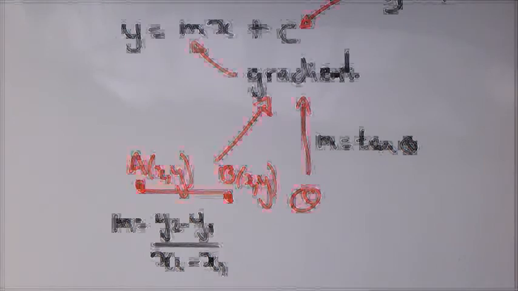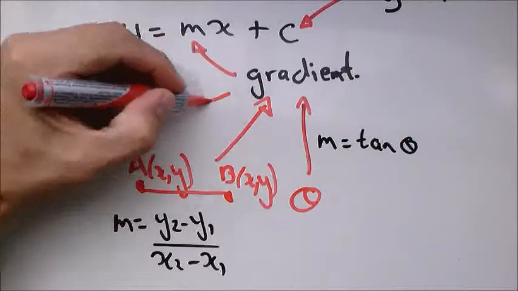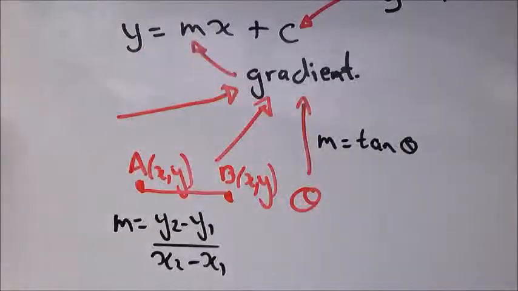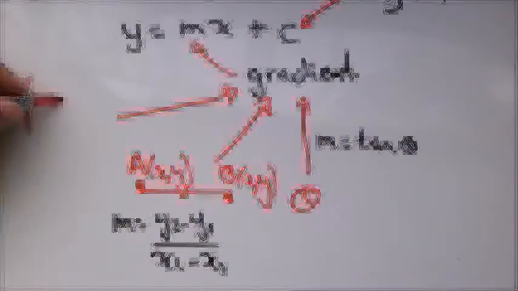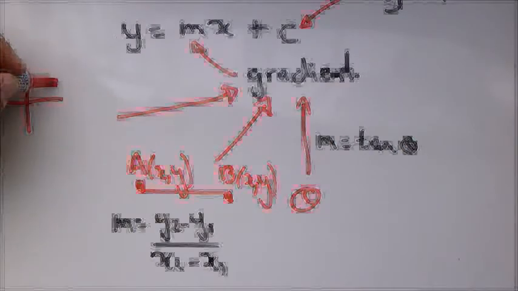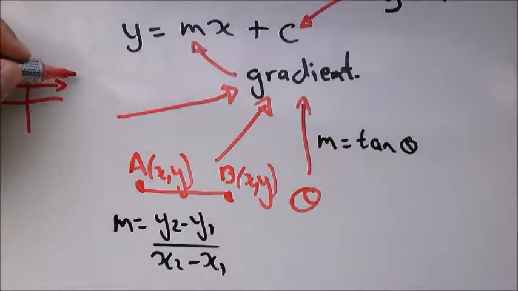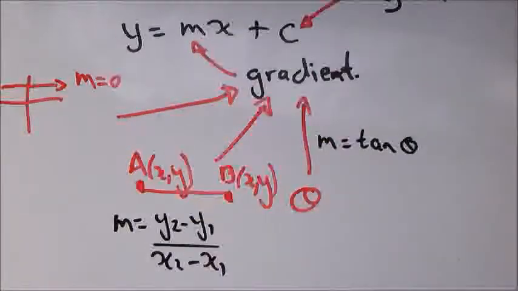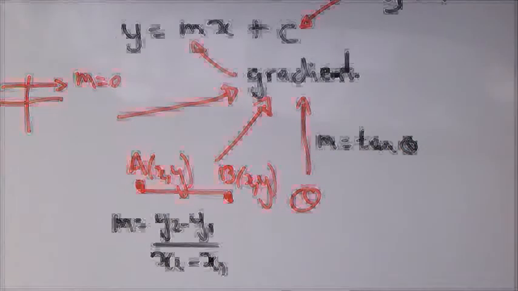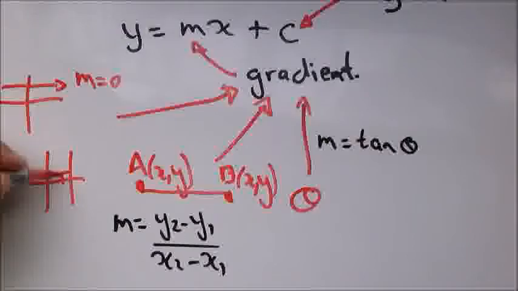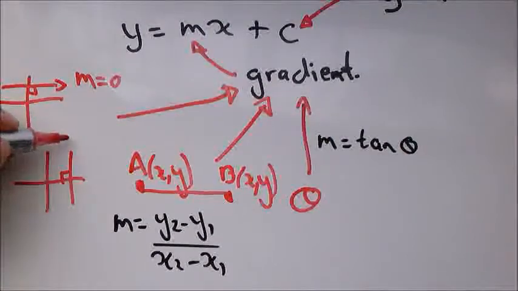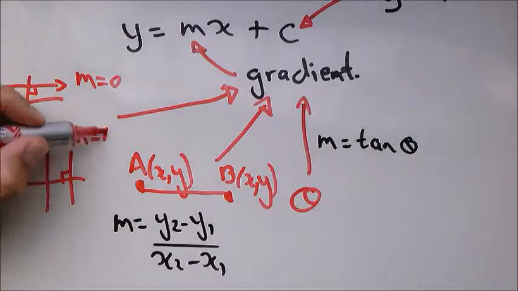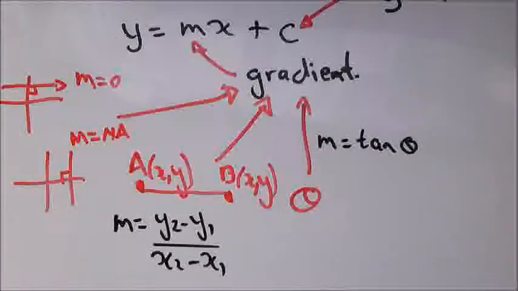Another two things I just need to mention is, if we have a horizontal line, the gradient is 0. If we have a vertical line, the gradient is not applicable.